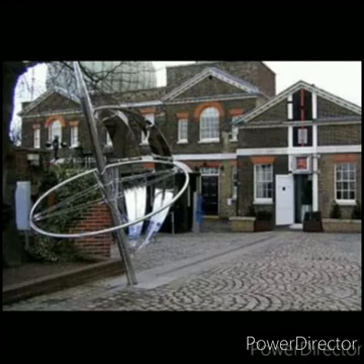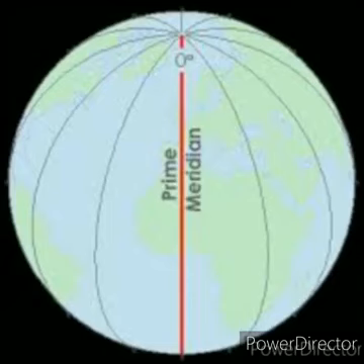The 0-degree latitude is known as the equatorial line. The 0-degree longitude is known as the Greenwich meridian because it goes through Greenwich, the place where the Royal British Observatory is situated. So it got the name Greenwich meridian.